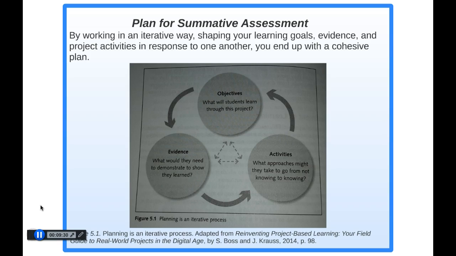By working in an iterative way, shaping your learning goals, evidence, and project activities in response to one another, you end up with a cohesive plan. Objectives. What will the student learn through this project? Evidence. What would they need to demonstrate to show they learned? Activities. What approaches might they take to go from not knowing to knowing?